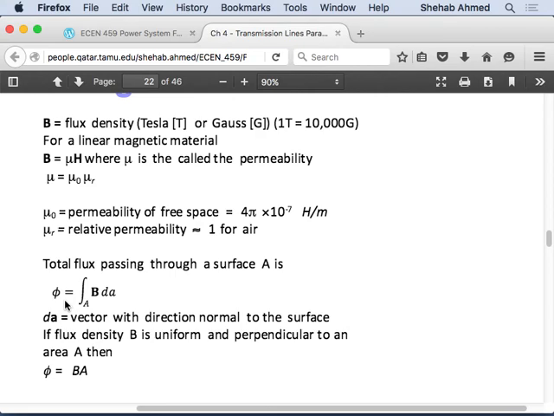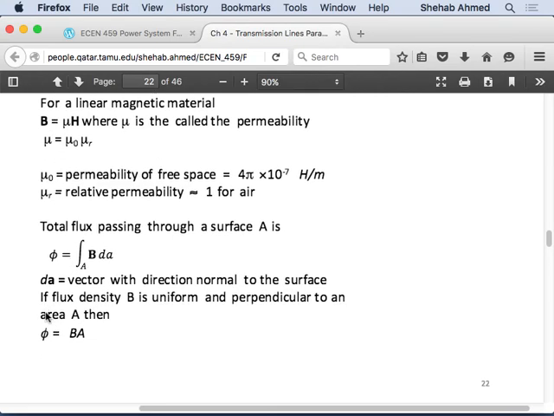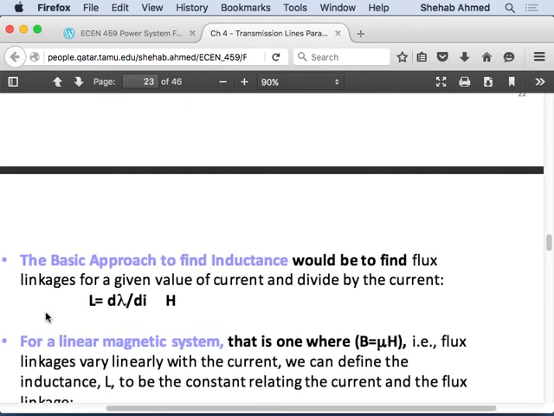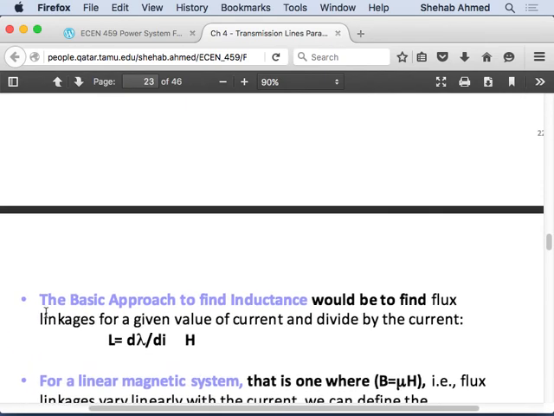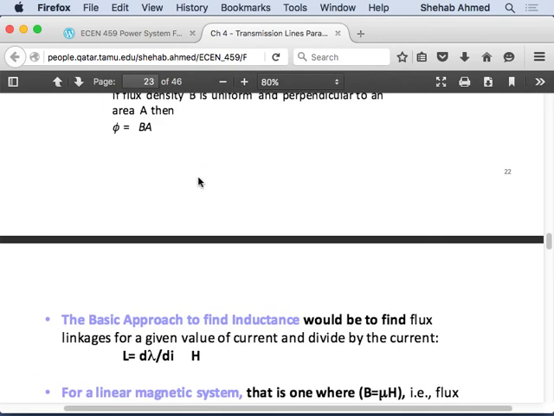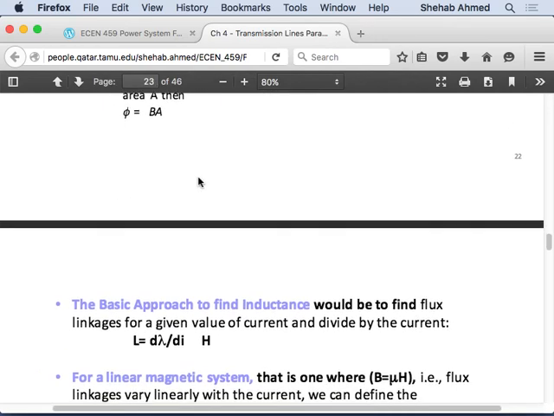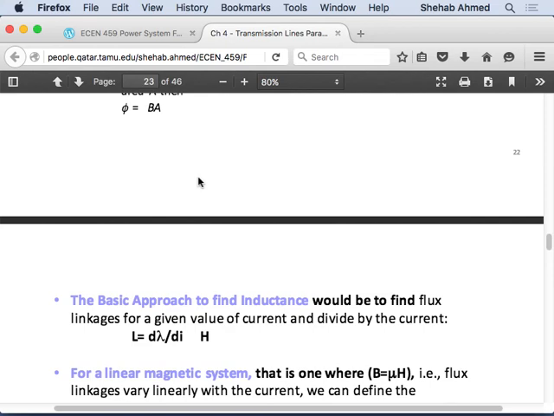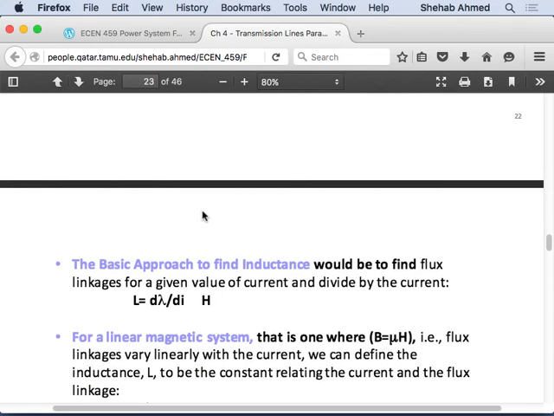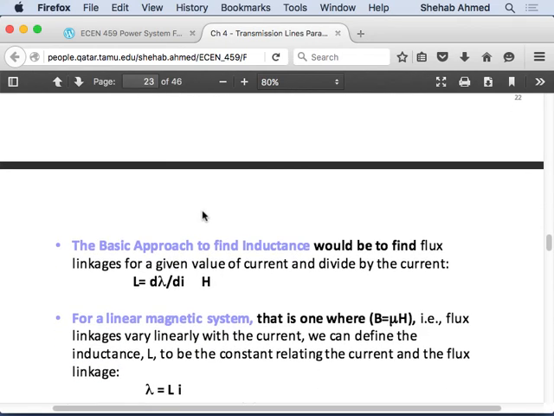Let's see how we will do that. After you calculate the flux linkage in the conductor, you will divide that by the current through the conductor. From there you will be able to calculate the inductance.